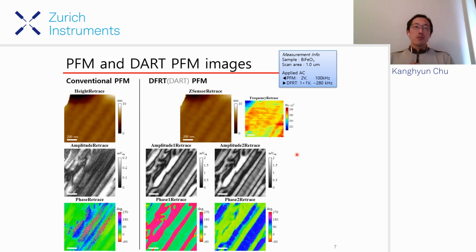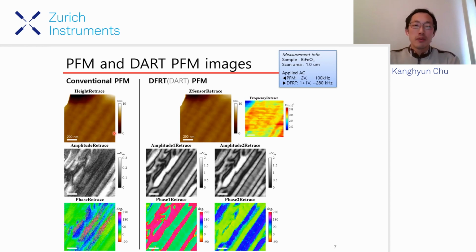So this is what we can get from the conventional PFM and the dual frequency resonance tracking PFM. On the left column, this is a conventional PFM. The sample is bismuth ferrite, and we can see some amplitude image and phase image, but you can see that the image quality is not that clean.